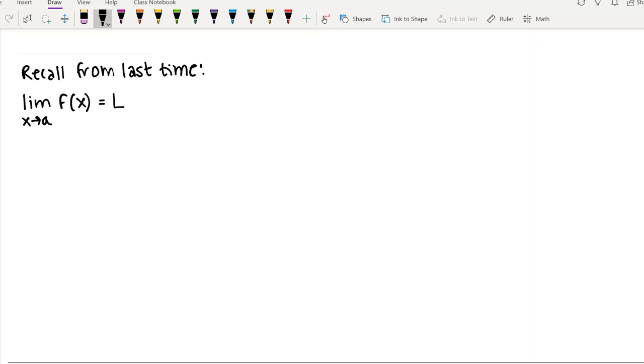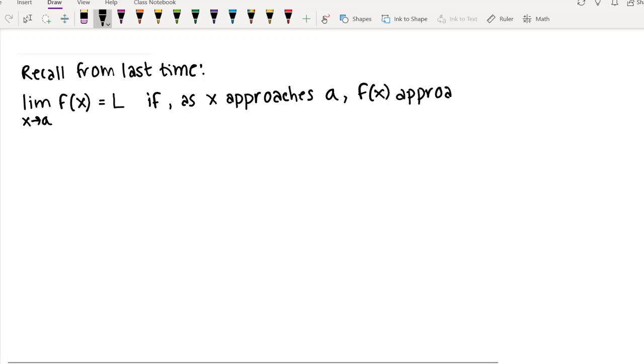So limit of f of x as x approaches a is equal to L if as x approaches a, the function, so like the outputs of the function, approach L.